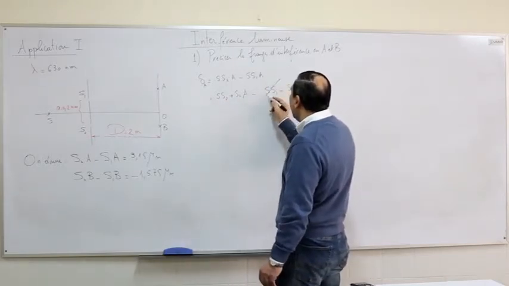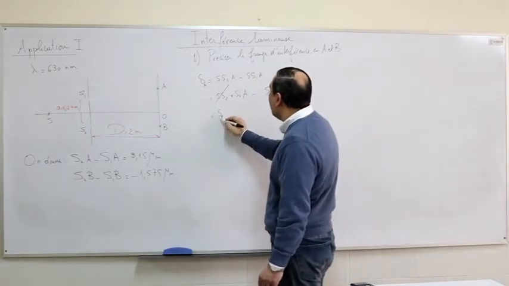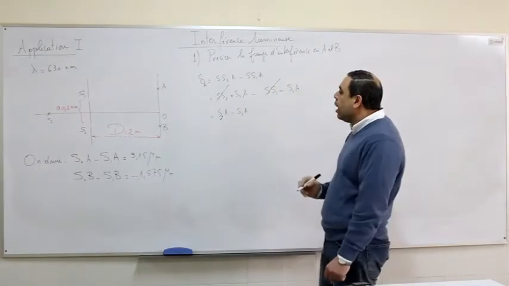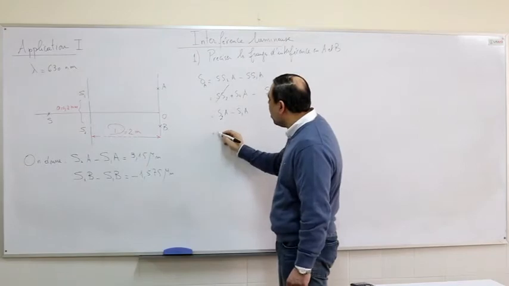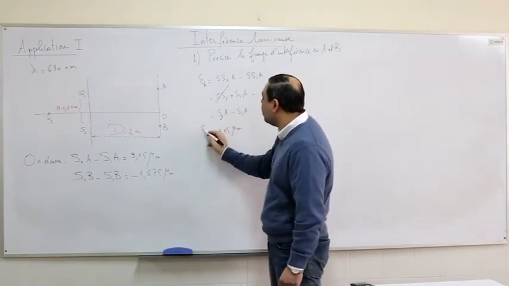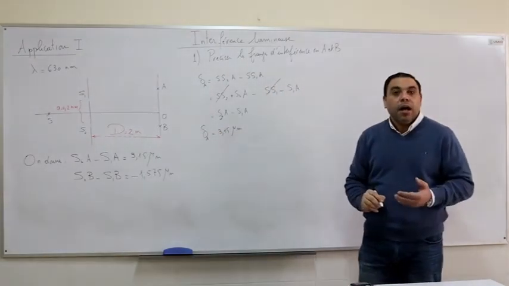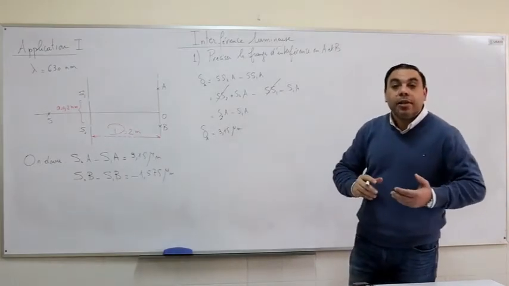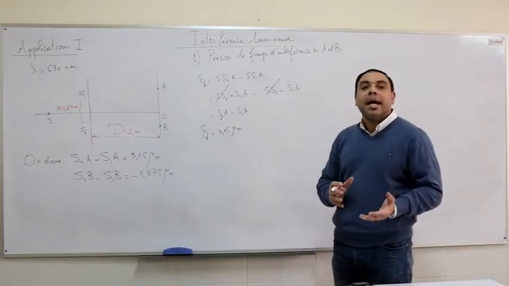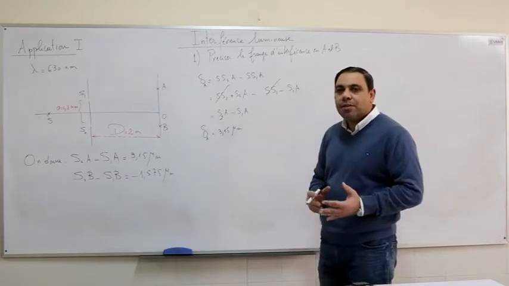SS2 is equal to SS1. We can eliminate them both. We obtain S2A minus S1A, which is equal to 3.15 micrometers. And this is the optical path difference at A. If the optical path difference delta is a multiple of lambda, we obtain a bright fringe. If it is an odd multiple of half the wavelength, we obtain a dark fringe.